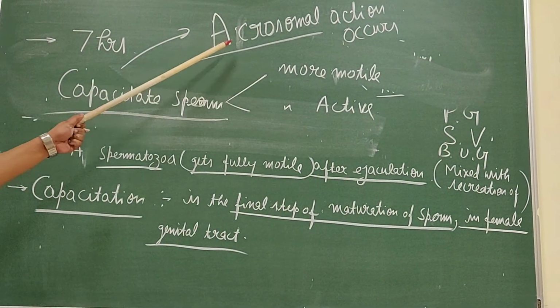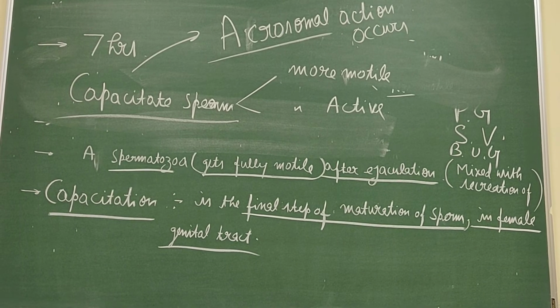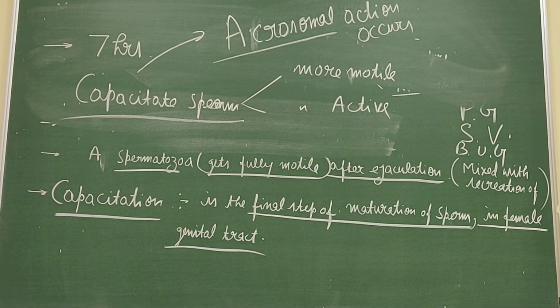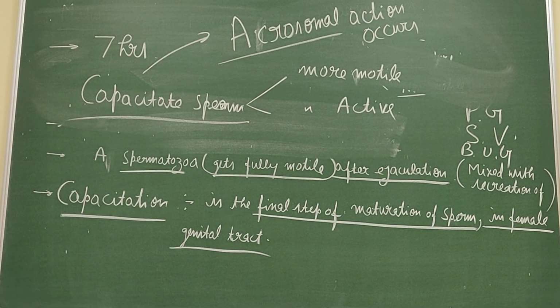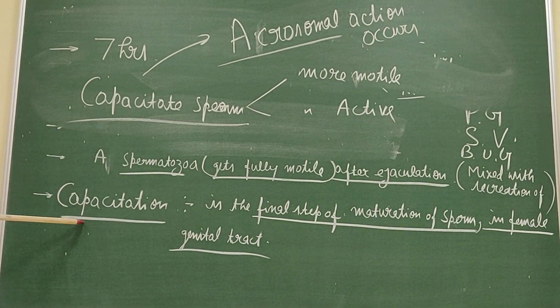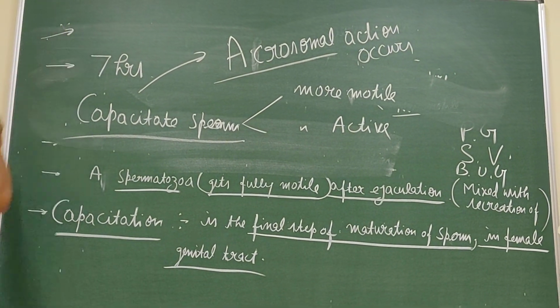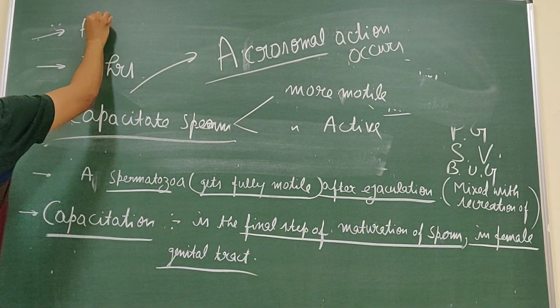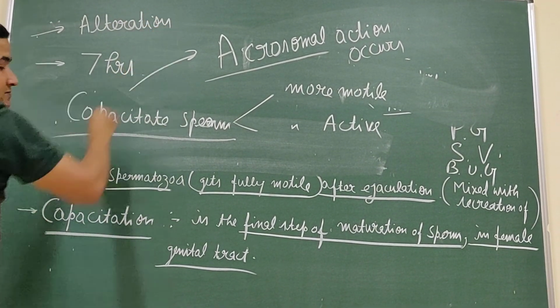The name indicates it is the action started by the acrosomal cap. So this is the significance of the capacitation. Now what happens in the capacitation? In the capacitation there is alteration.